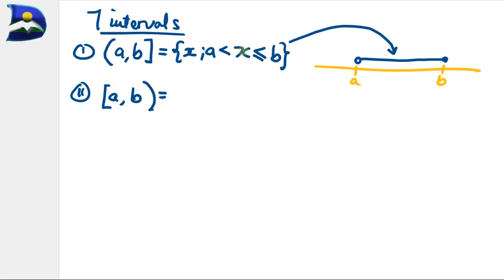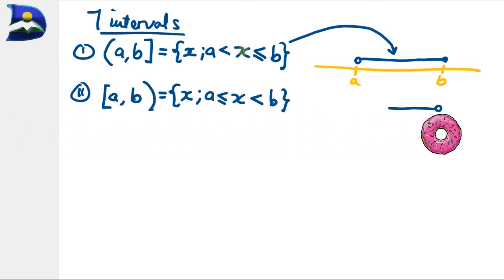If you want to pause the video, you can try it out, but you should figure out that it is X, which is all set of X, where A is less than or equal to X and X is less than B. Therefore, B is not an endpoint, but A is an endpoint, and that is rightly represented by this particular notation as shown for 2.